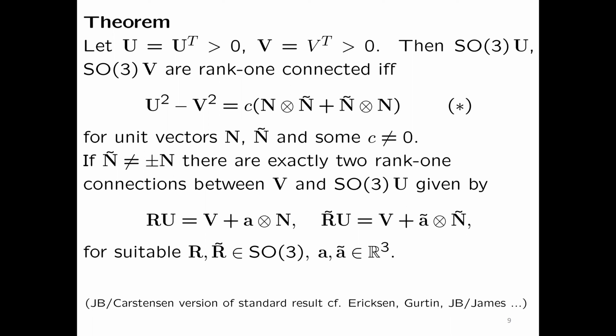So if I take the point to be V, for example, there's exactly 2 points RU and R tilde U, which are rank 1 connected to V. And what's interesting is that the n and the n tilde, the normals corresponding to these rank 1 connections, are exactly the n and the n tilde that appear in this relation.